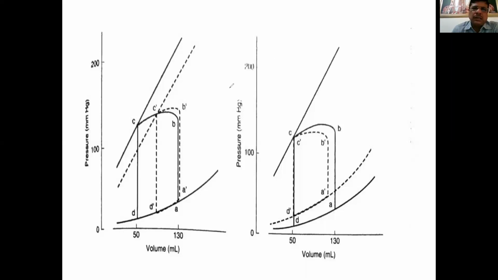This shows the systolic dysfunction and the diastolic dysfunction curve. This line is shifting towards the right. This is the systolic dysfunction, and this line is shifting to the left. This is the diastolic dysfunction. Right? The pressure volume loop, what I had told. Anyway, I don't want to go into that now.